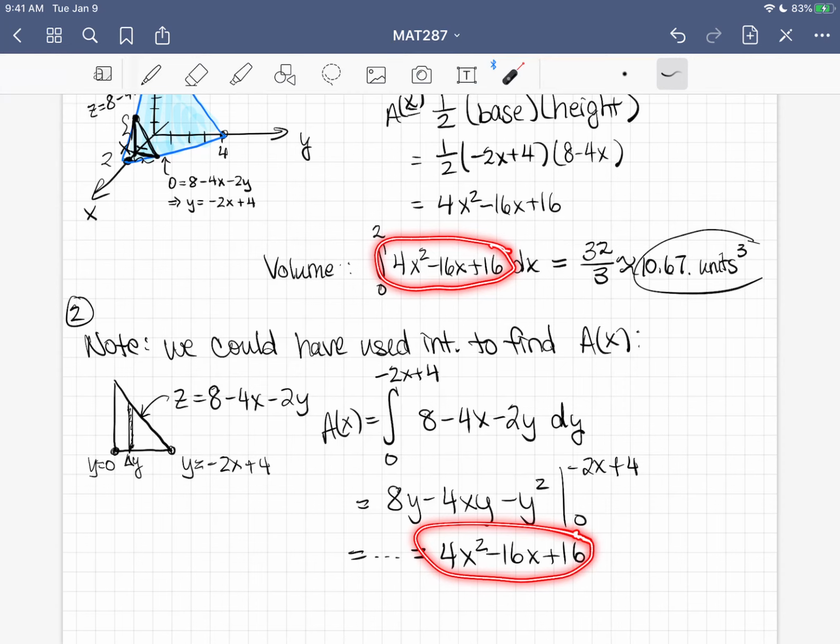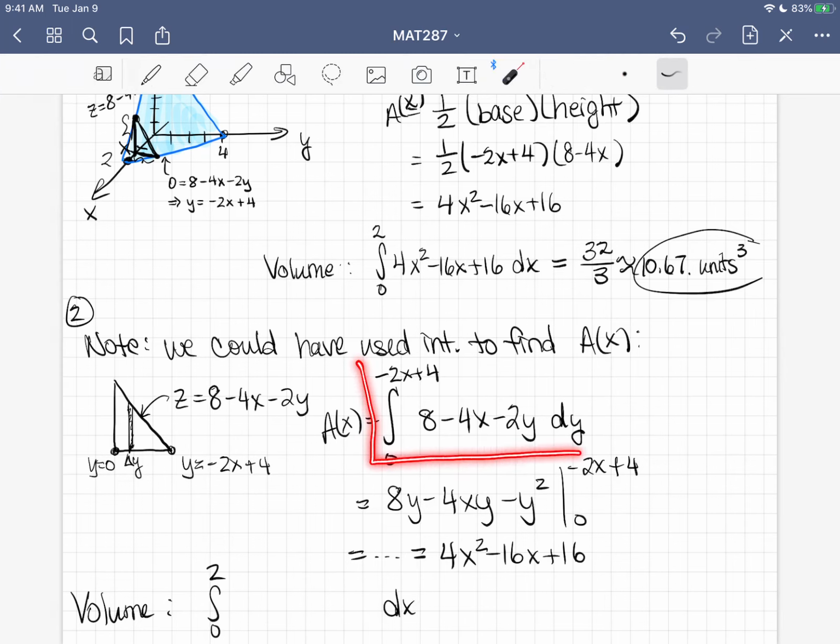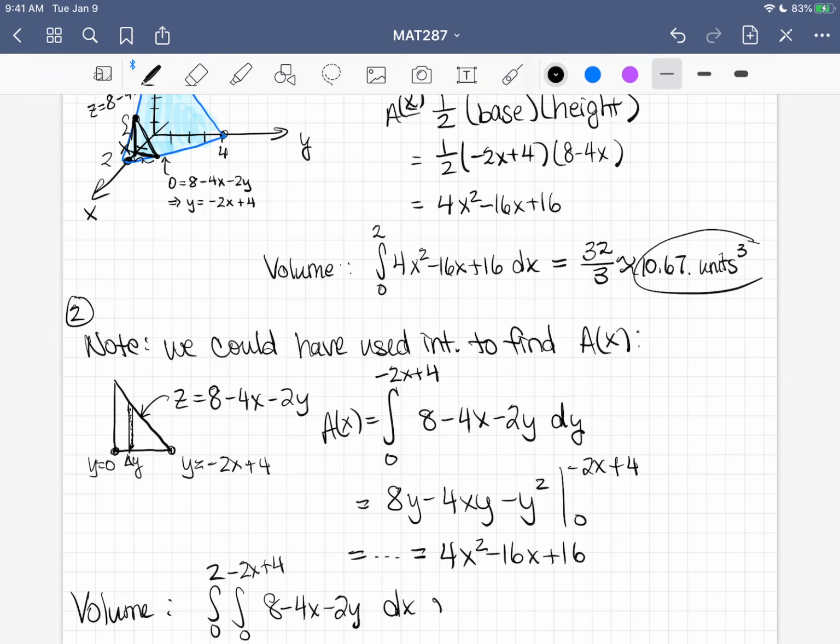And again, if I want to take the volume, I need to integrate now over x. And so the volume is the integral from 0 to 2 dx of this integral, right? So of the integral from 0 to negative 2x plus 4, 8 minus 4x minus 2y, dy.